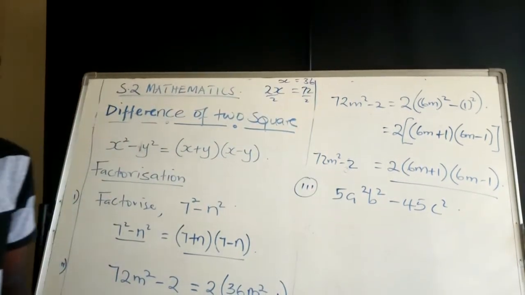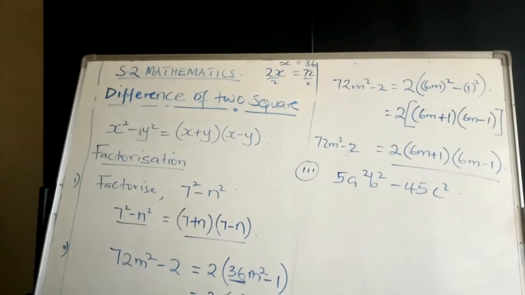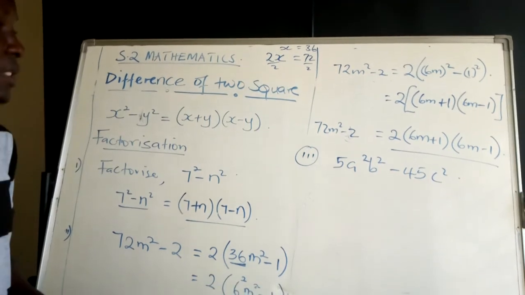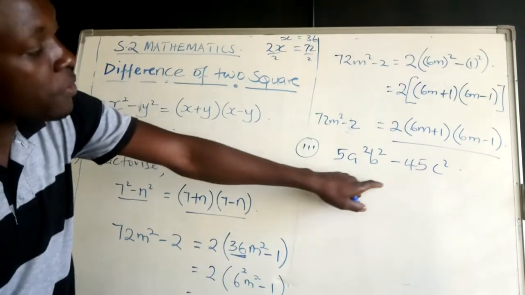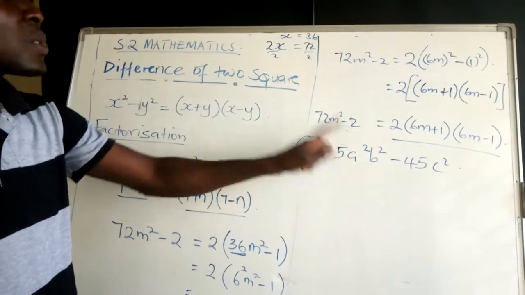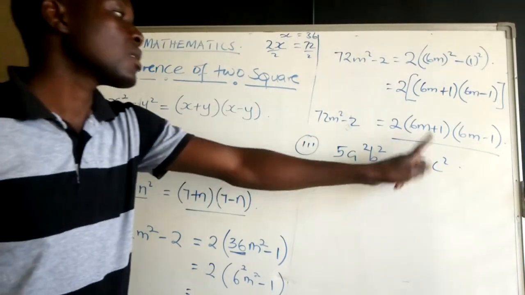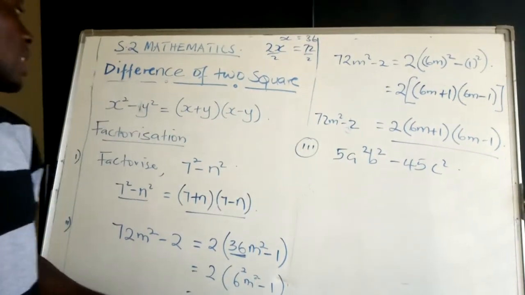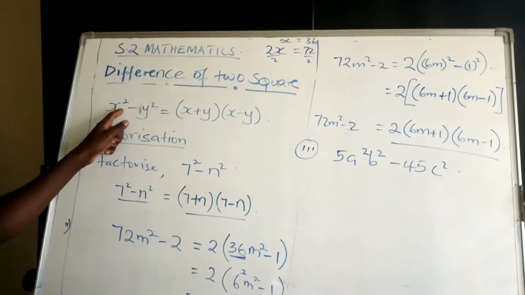What can we do about that? Always what we ask ourselves is to see whether we can write the whole of the first part with one square and the whole of the second part with another square, so that we apply this identity here.